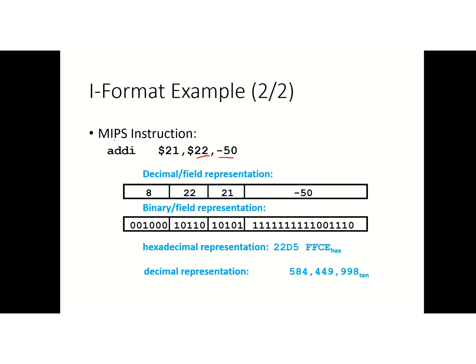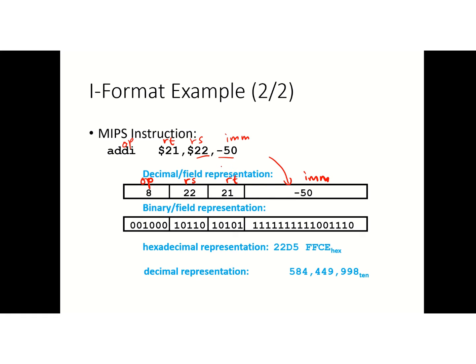So we know that this is the opcode, then RT, the destination or target, RS, and then the immediate. So you can fill in the I format fields. This is the immediate, and this is the opcode. The opcode must be on the most significant bits on the left side. Then this is RS, and then this is RT.